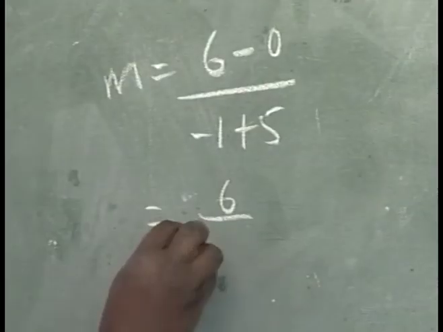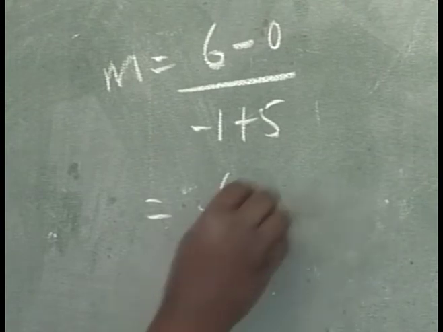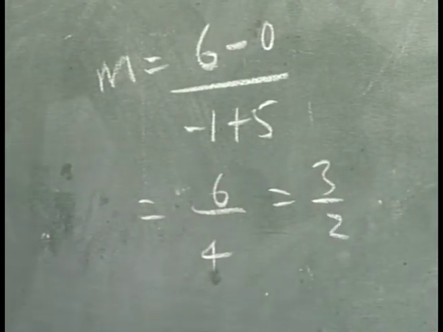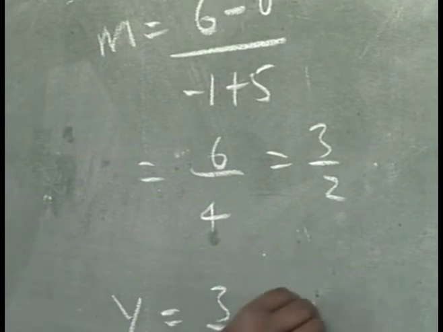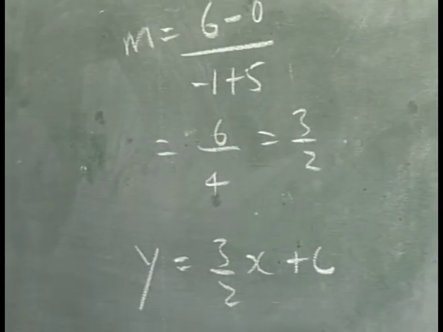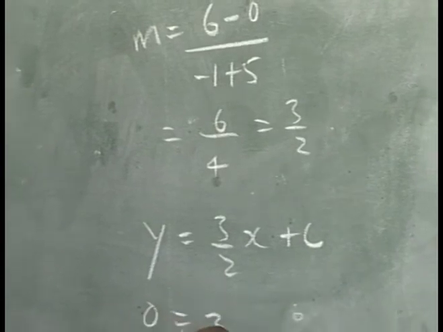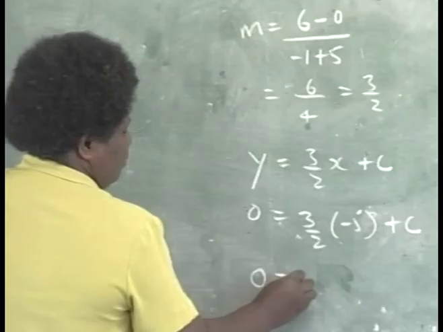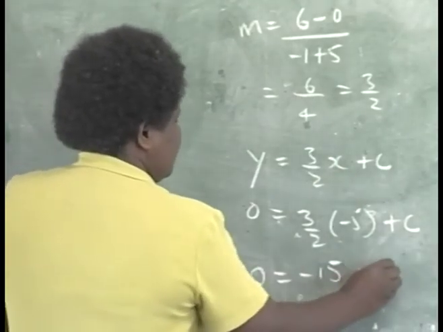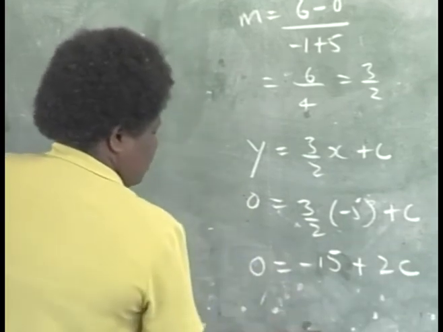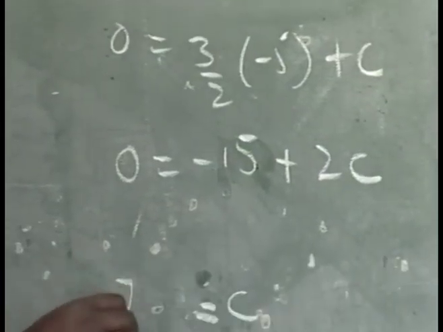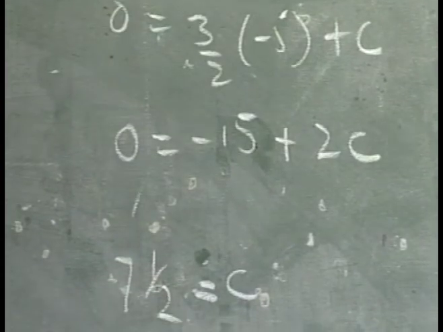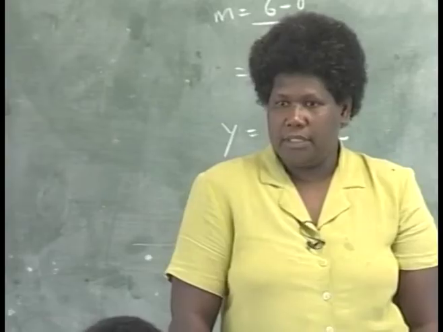I get 6 on 4, 3 on 2. So the gradient is 3 on 2. Y equals 3 on 2x plus c. If I substitute minus 5, 0, I get 0 equals 3 on 2 times minus 5 plus c. So I get 0 equals negative 15 plus 2c, so c is 7.5. So the equation is y equals 3 on 2x plus 7.5. That's for letter N.